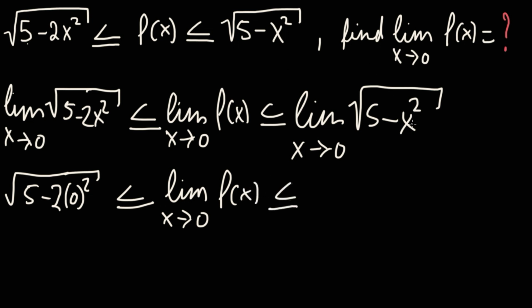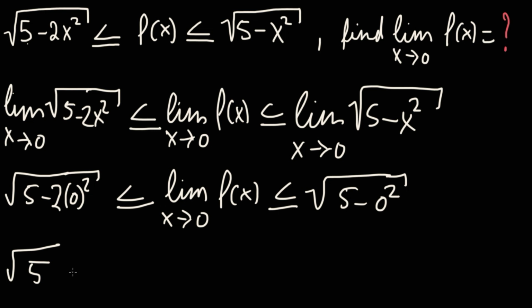And now we're going to replace the x with 0, so it will be the square root of 5 minus 0 squared. So 5 minus 2 times 0 squared will be the square root of 5, and the limit as x approaches 0 of f of x.